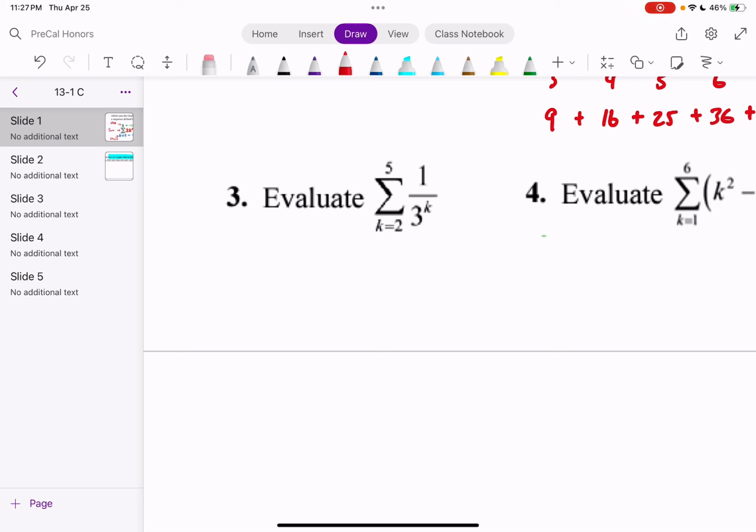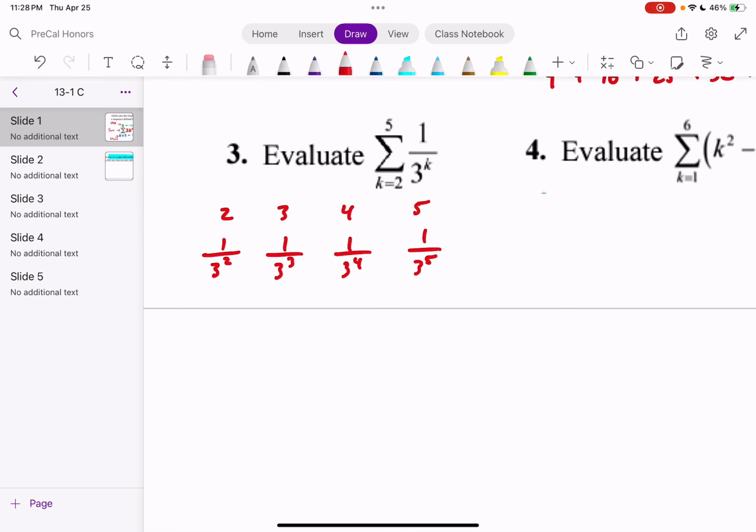So we're going to begin with writing down our equation and the numbers that would go into it, which would be 2, 3, 4, and 5. We'll go ahead and plug our numbers into our equation. So this would give us 1 over 3 to the second power, 1 over 3 to the third, 1 over 3 to the fourth, 1 over 3 to the fifth.